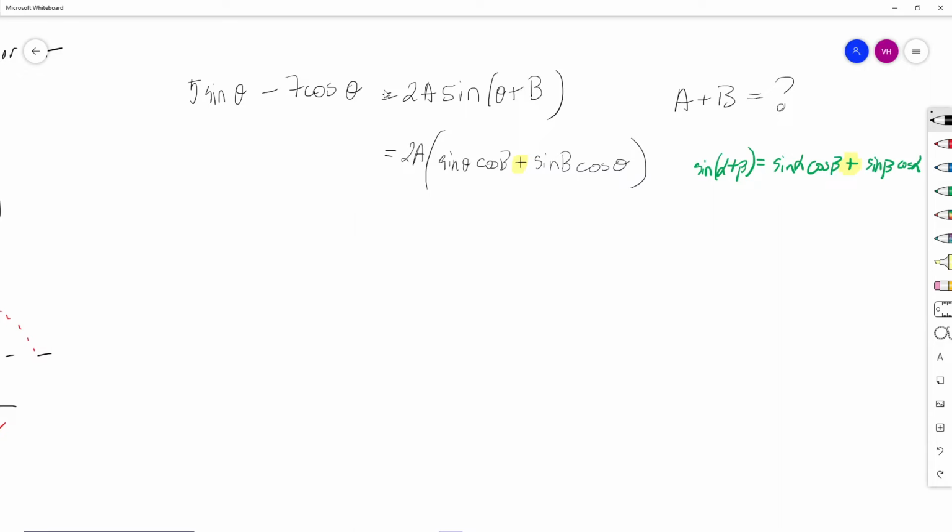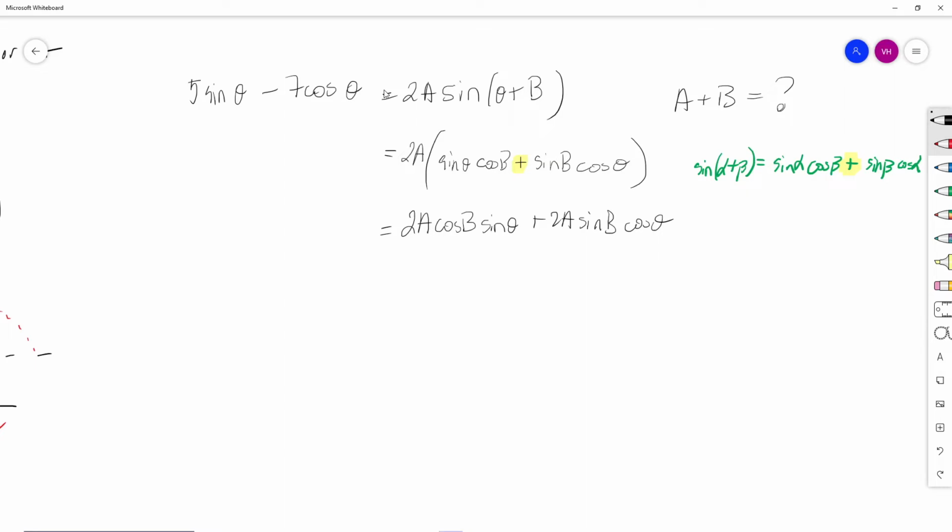Let's open this expression up to 2a sine and rearrange it a bit. So 2a cos b sine theta plus 2a sine b cos theta.